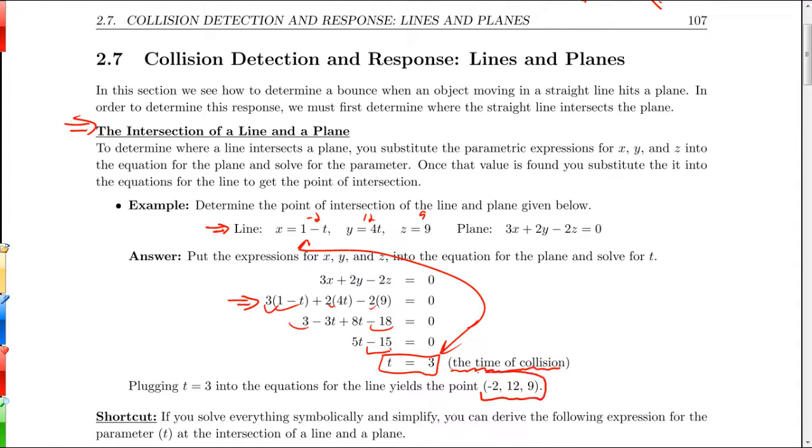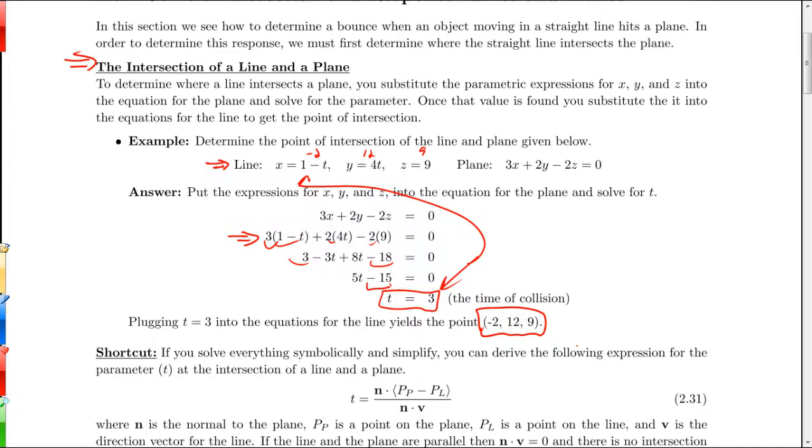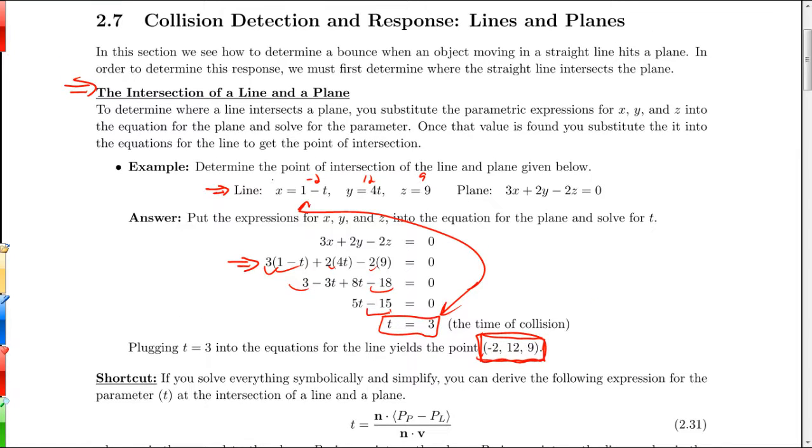So that's actually where this line hits the plane, at negative 2, 12, and 9. So it's a pretty easy process. You just take x, y, and z and stick it in there, there, and there for the plane and solve for t. That gives you your time of intersection. Plug that back into the parametric equations for the line, and that'll give you your point.